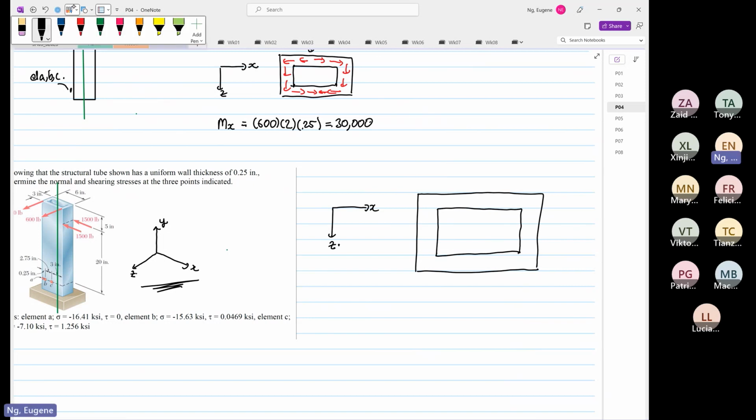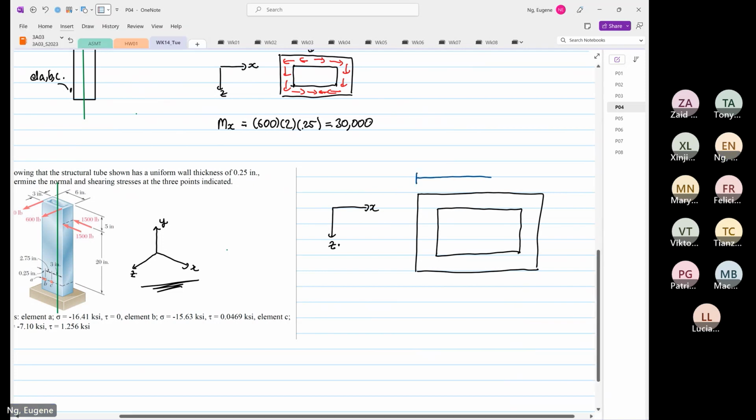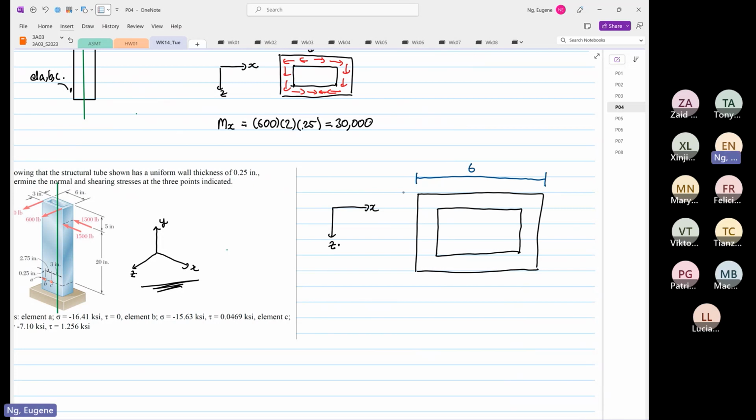So the first thing we do is get our dimensions in first. We know that this is 6, and this is 3. And we know this distance over here, the wall thickness, is 0.25.